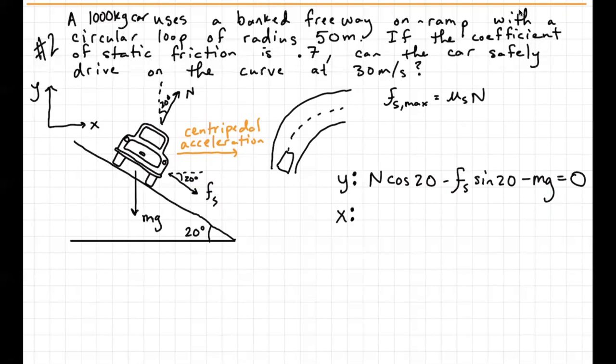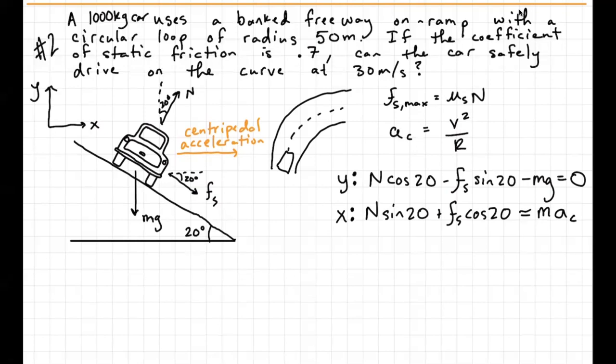So that's n sine 20 plus fs cos 20. And that's going to be equal to the mass of the car times that centripetal acceleration. And we're on a circular path again, so that centripetal acceleration has to be v squared over r again. So that's always our condition if we're on some sort of circular arc.